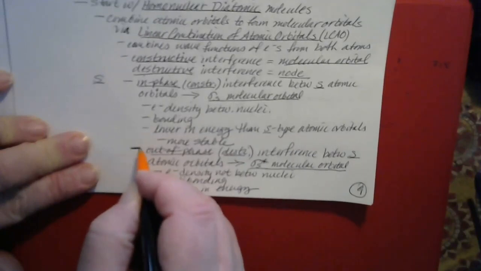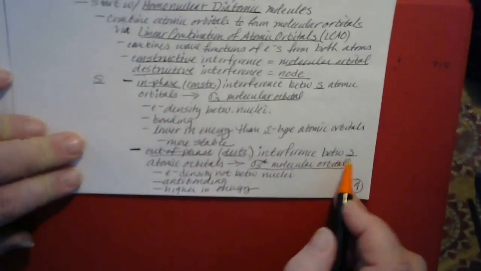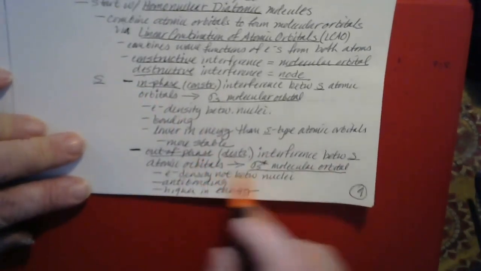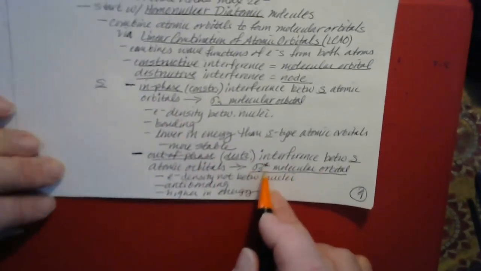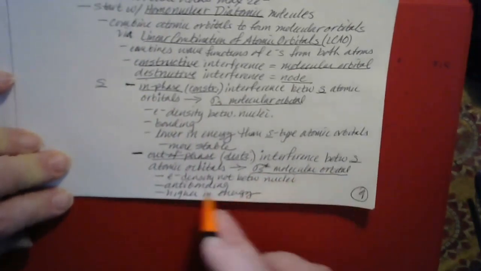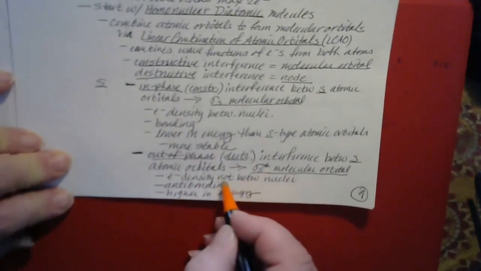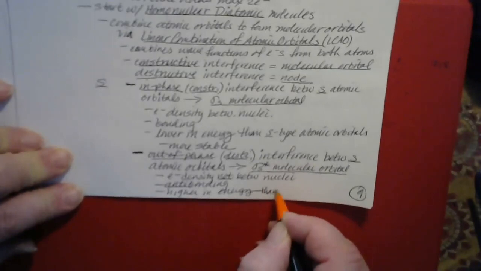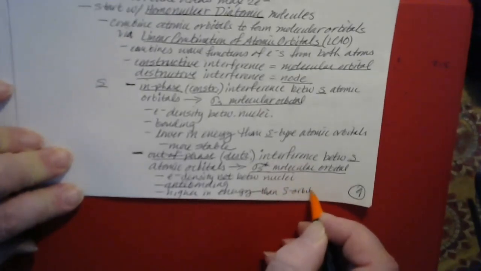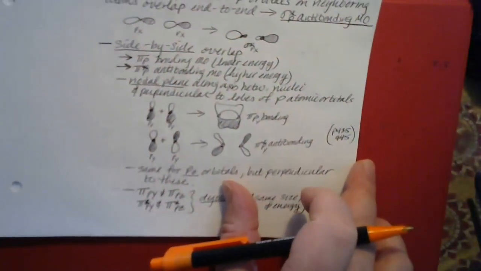On the other hand, if you have out-of-phase or destructive interference between s atomic orbitals on neighboring atoms, you get a sigma star s molecular orbital. In this case, the electron density is not between the nuclei, so this is anti-bonding, and it's higher in energy than the s orbitals. It's destabilizing to the molecule.